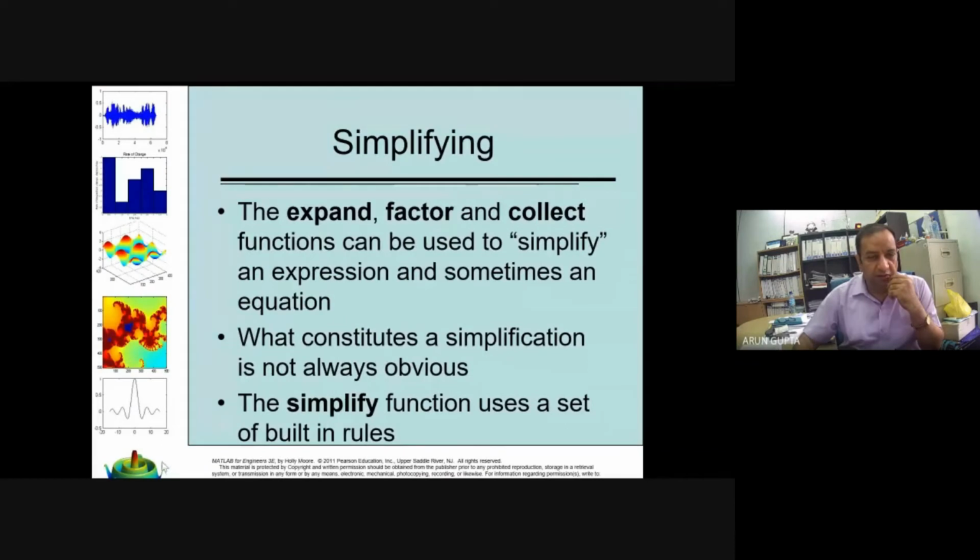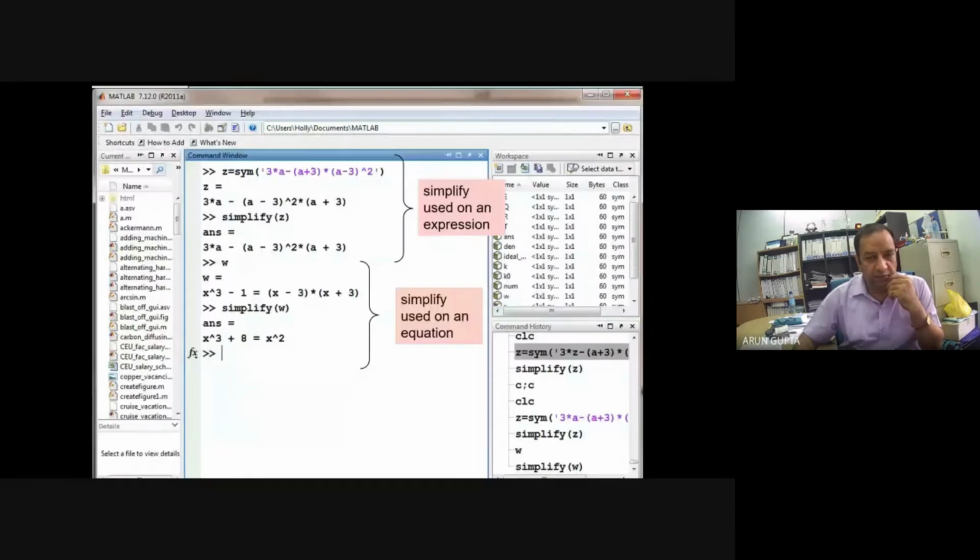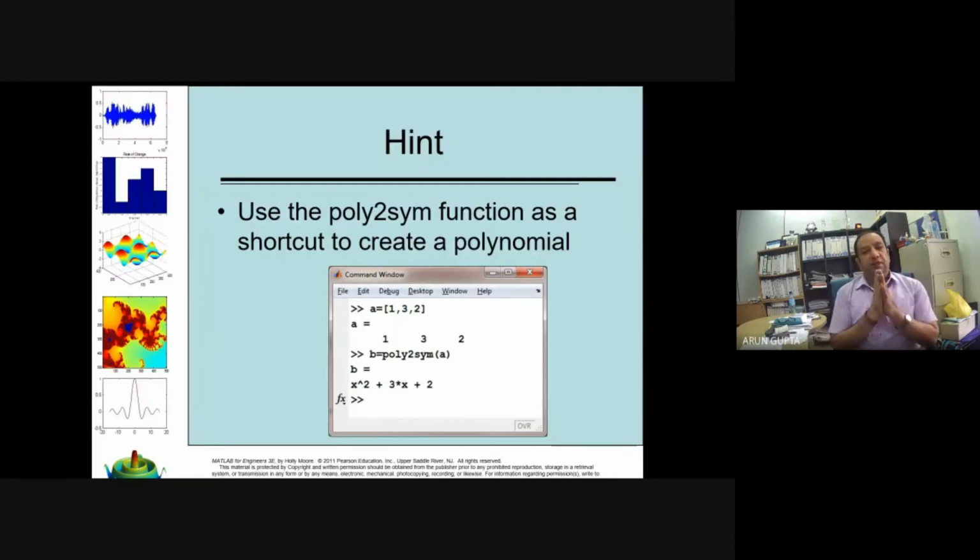Okay, then we have learned the simplifying one. This is called poly2sym. You can give the numbers like this. All these things you can try in the command window directly. These are only one line, you will get the answers, and it is not difficult. So you can write, suppose, A equals 1 3 2, and then you use poly2sym.